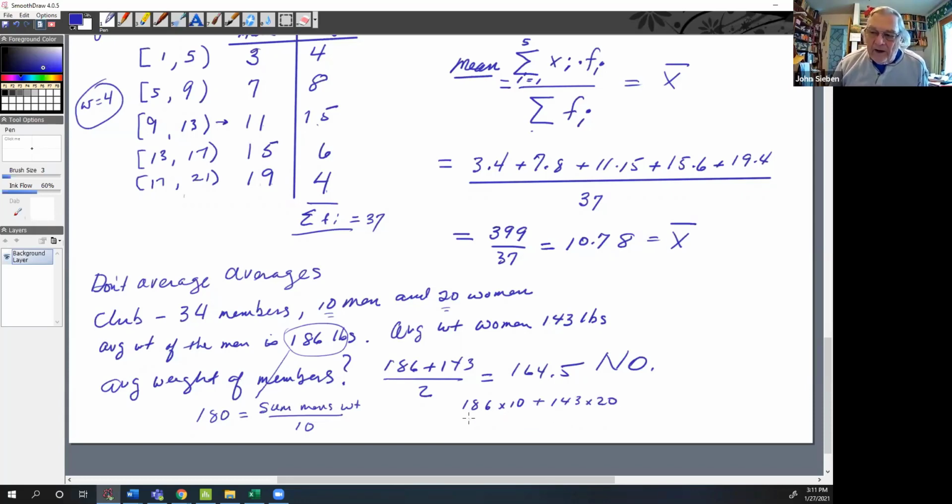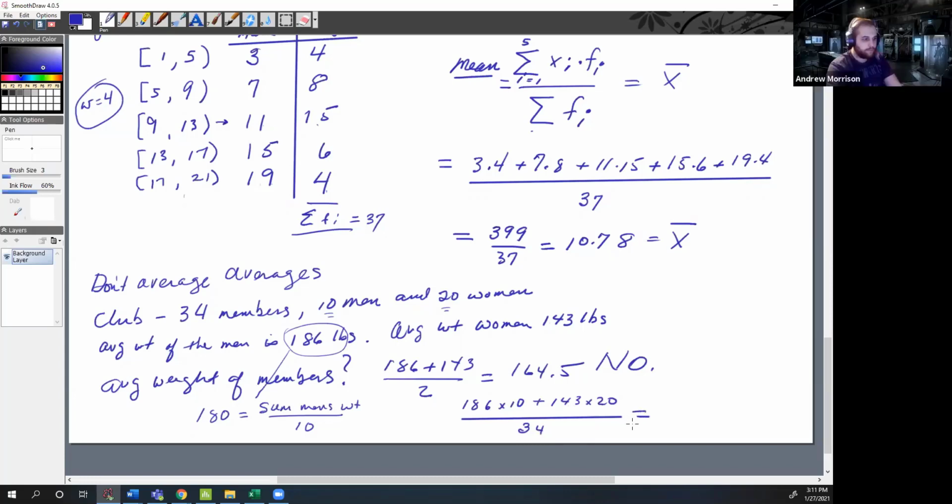So this sum right here would be the sum of the weights of all the members in the club. If I put them on the scales one at a time and added up their weights, this is what I'd get. And how many of them are there? 34.